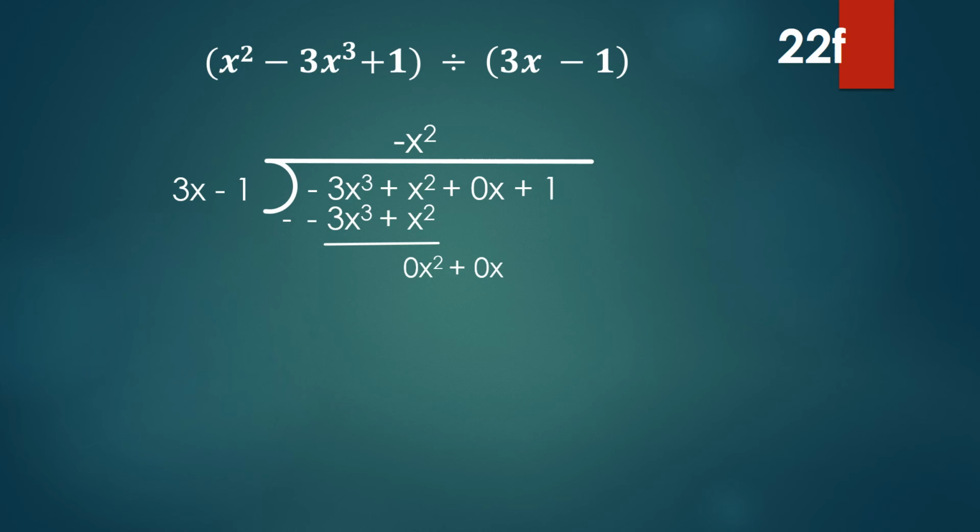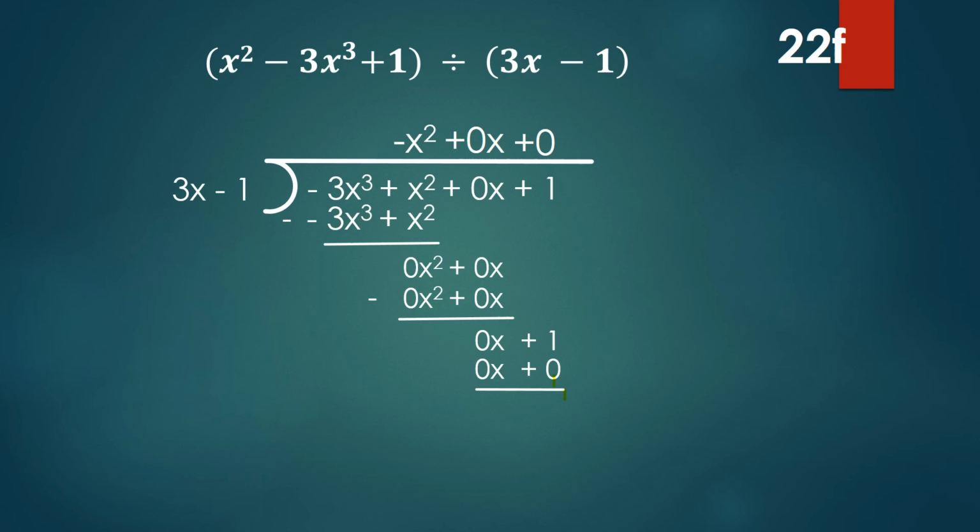What are you going to multiply 3x by to give you 0x squared? You're going to multiply it by 0x. 0x times each of these terms in this binomial gives you 0. Subtract these, and it gives you 0x. Bring down the plus 1. What are you going to multiply 3x by to give you 0x? The answer is 0. 0 times 3x is 0x. 0 times 1 is 0.